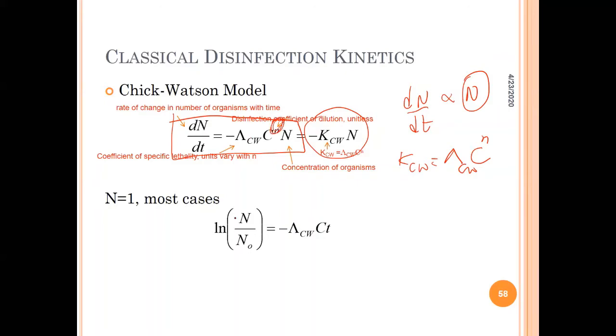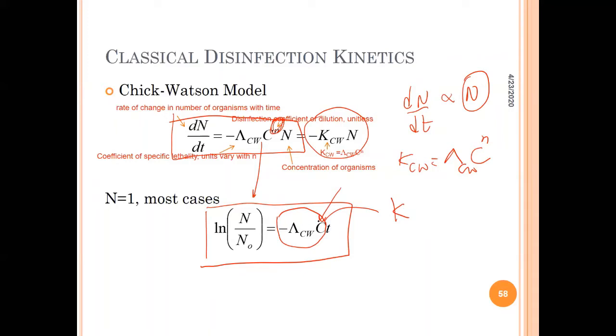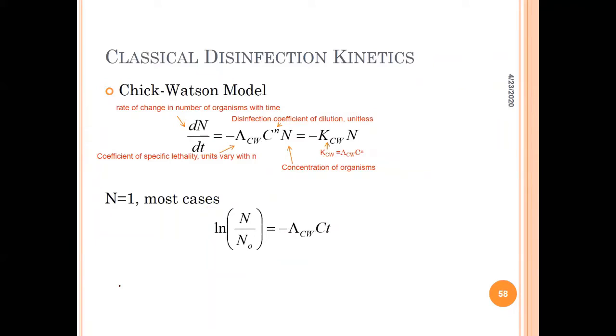Here n is 1, so we can make this equation into this form, which is very similar to the Chick equation. If C is constant, then this factor will be constant and we can treat it as K. But if C is changing, we can also incorporate the Watson law. So this law is better than Chick's law.